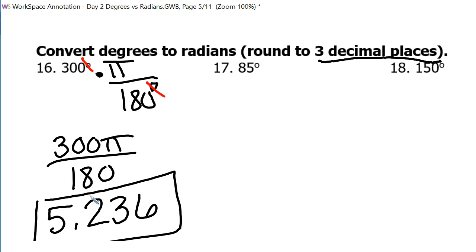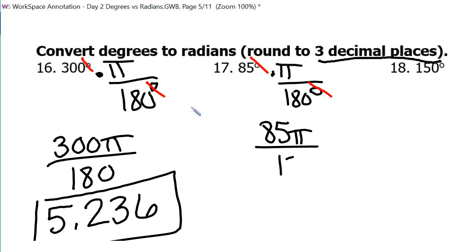Next one. Again, going from degrees to radians, we need to multiply by pi over 180 degrees. The degree symbol in the numerator cancels with the degree symbol in the denominator. And that gives us 85 pi over 180.